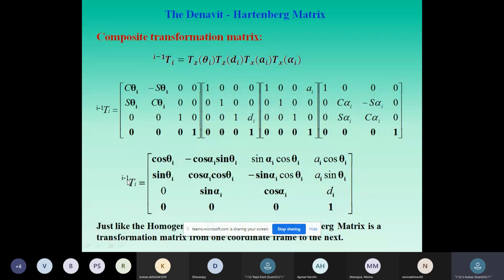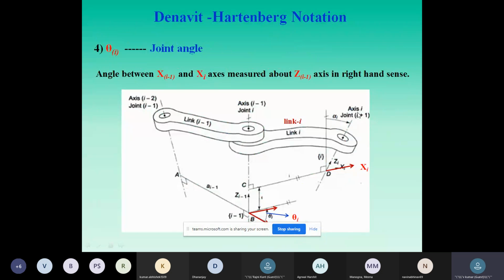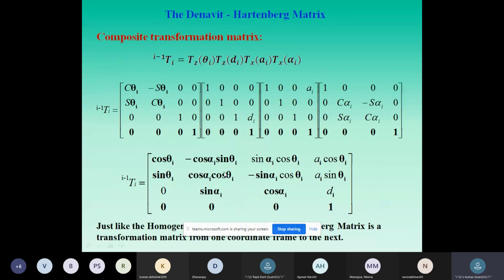If we want to know the relation between frame i and i minus 1, then you use only this matrix. i minus 1 Ti is equal to cos theta i, minus and so on. Remember it, and every parameter you know from the DH parameters: theta, alpha i, ai the link length, di. Then you calculate i minus 1 Ti.